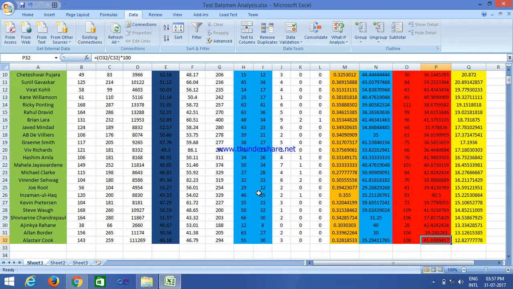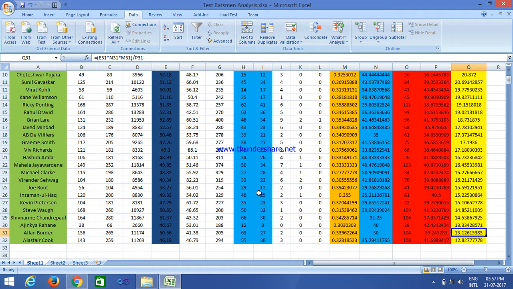And the failure rate is 41.69, which is actually a bit high. As we know, he has 11,000 runs, but as his conversion rate is low and his failure rate is high, that is a problem for him. So his consistency factor is the lowest of these 32 batsmen that we have selected.